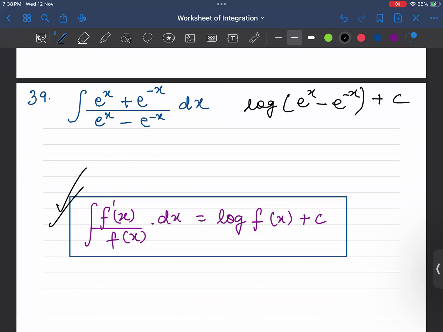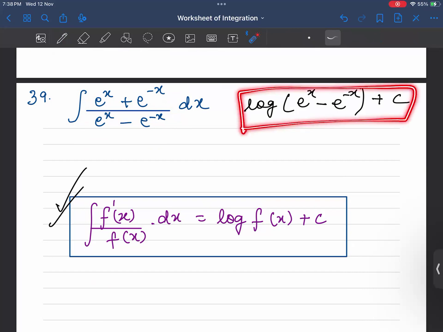You don't have to put much energy or effort. Otherwise, you have to differentiate, first substitute, take this as u, and then multiply, using the same substitution method we did previously. You can try it by substitution also, but directly we can solve it by the formula. This would be your answer. Is it clear?